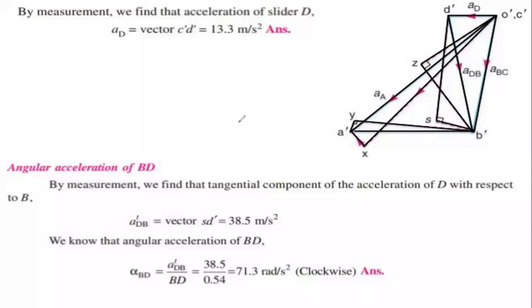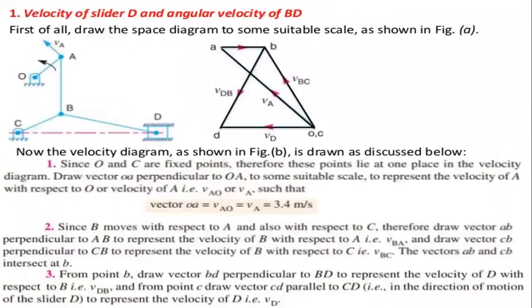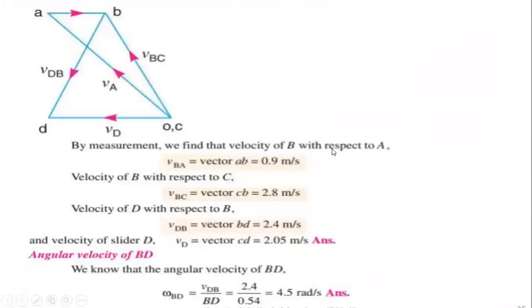So these are the different diagrams: the space diagram, the velocity diagram and the acceleration diagram. First we need to draw the velocity diagram from the space diagram, find the different velocities, and last find the angular velocity of the link BD.